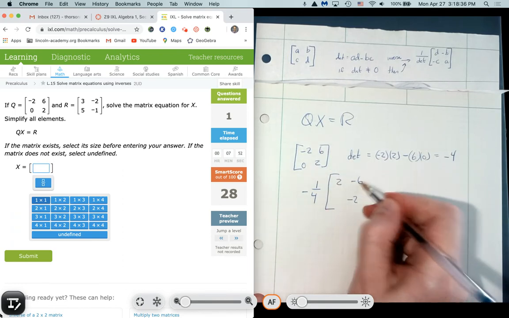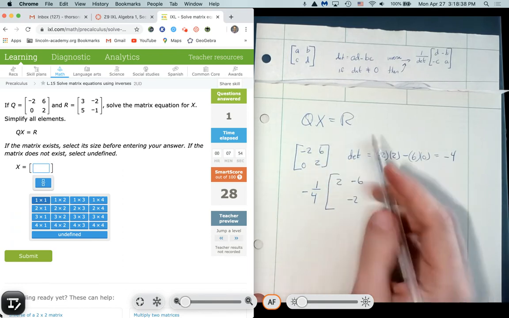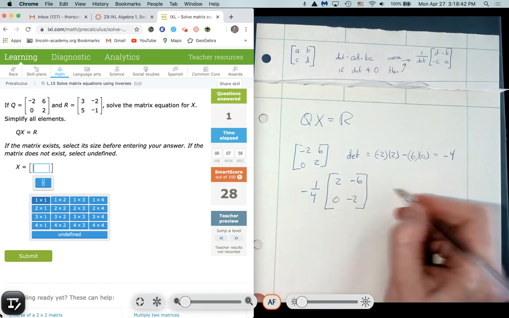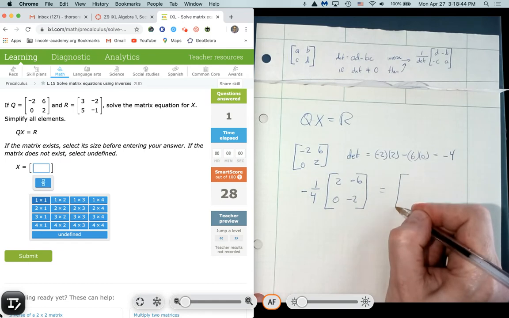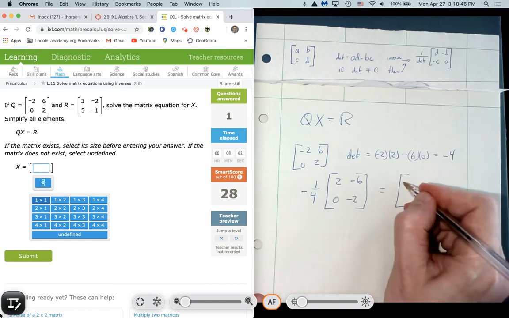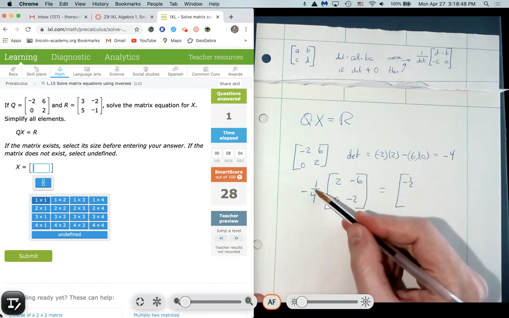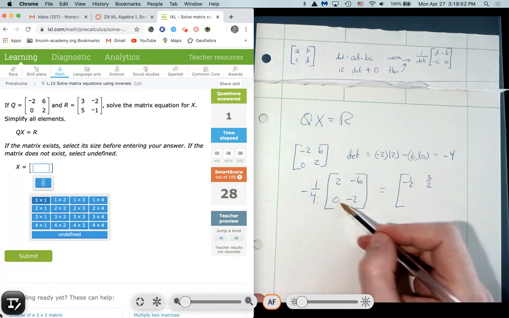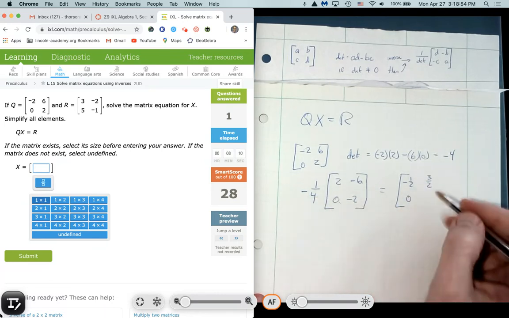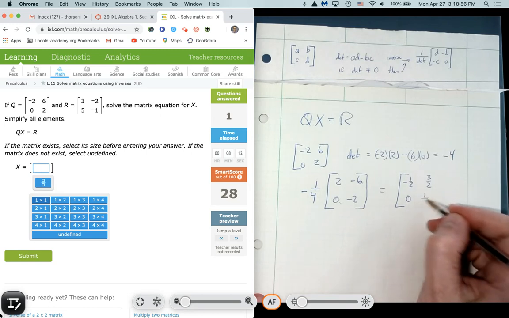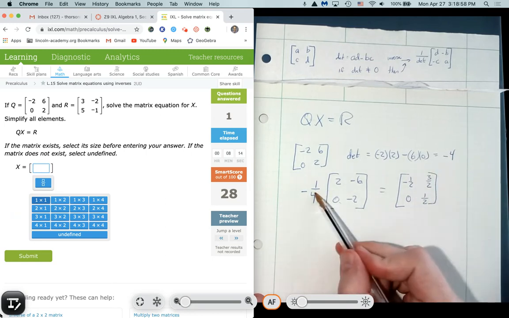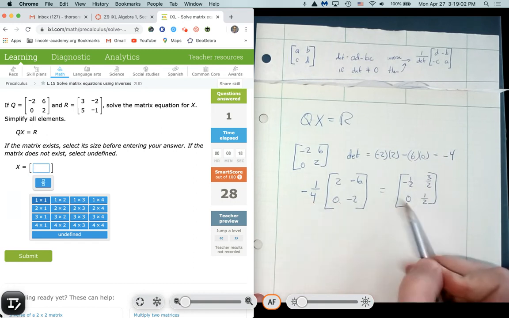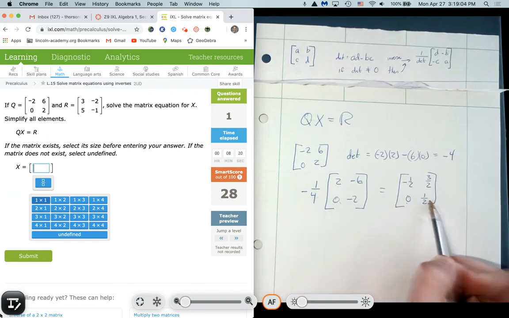So the 6 changes to negative, the 0 stays 0, and now I'm going to distribute in, and I find out that my inverse matrix is negative 1/2, positive 3/2, 0, and 1/2. Again, that times that was this one, that times that is that, this times 0 is that, and that times that is that. Now I have my inverse.